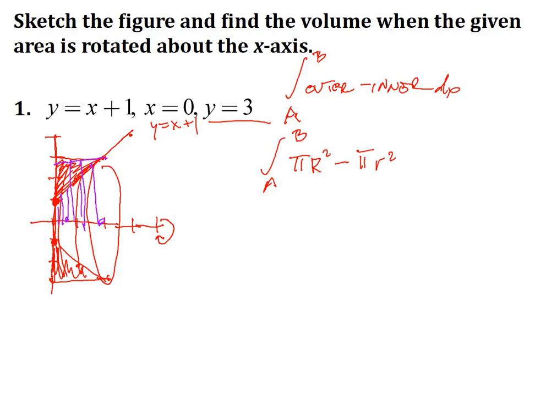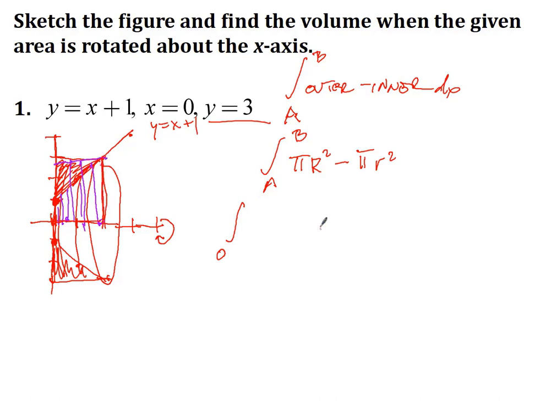Okay, so now to figure out where we're going on the x-axis, because we're going from 0, obviously. But what is this value right here in regards to the x-axis? It's not 3, that's the y value. We have to look at what it is to the x value. Now, if you graph this correctly, you can see that it is at 2.